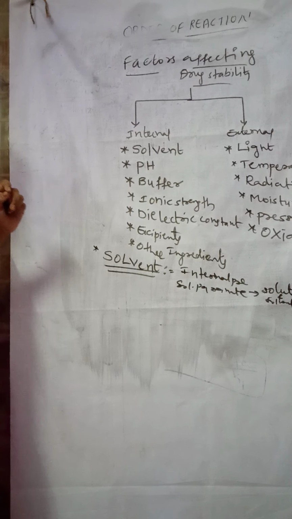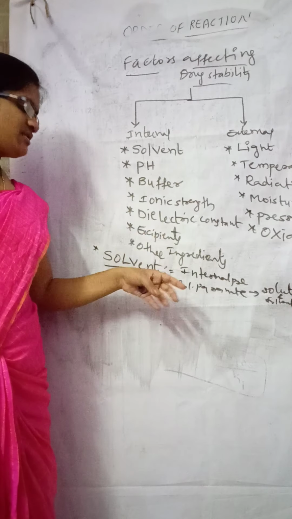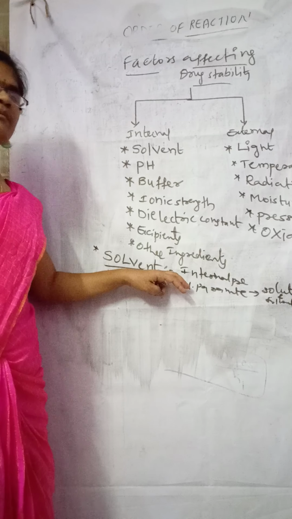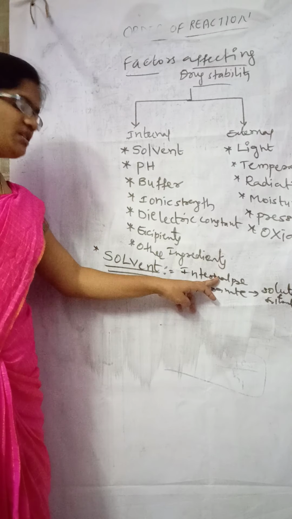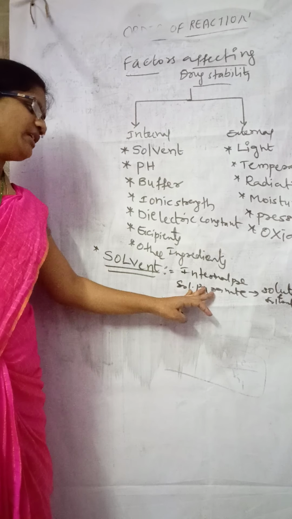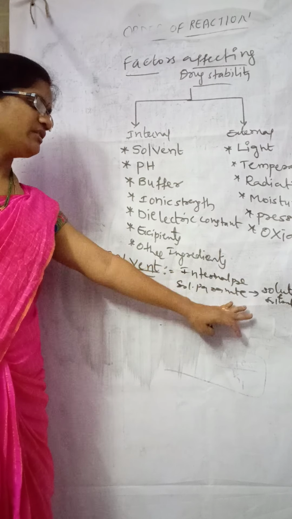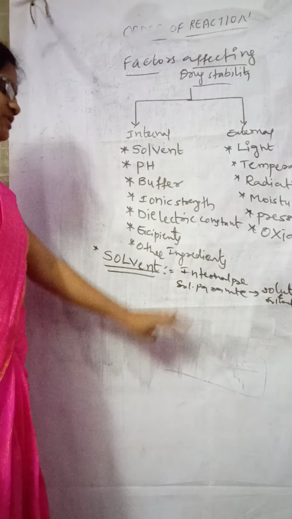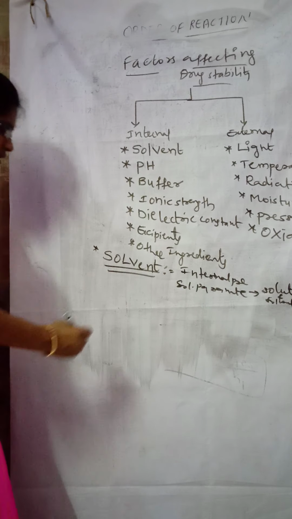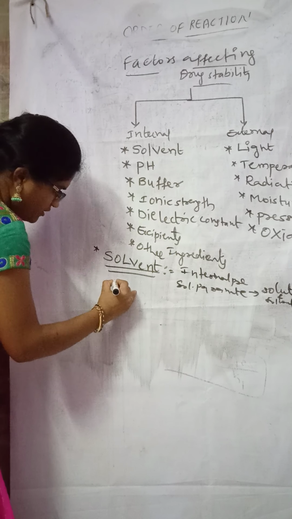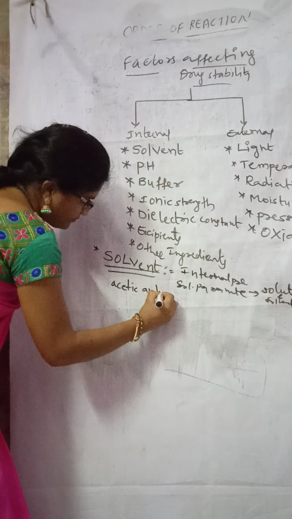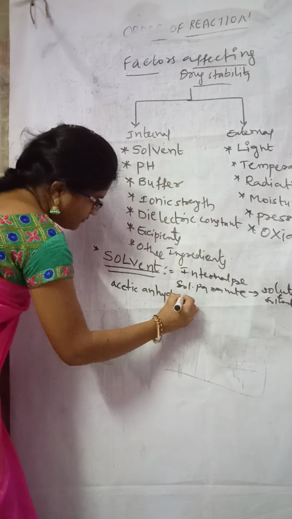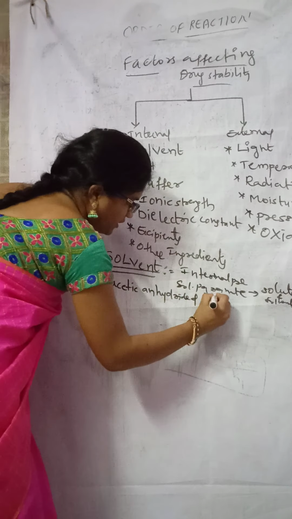So the rate of reaction of any substance will be based on the internal pressure as well as the solubility parameters of that solute and solvent. So this is the basic principle. Now we will see one example here: acetic anhydride and ethanol.